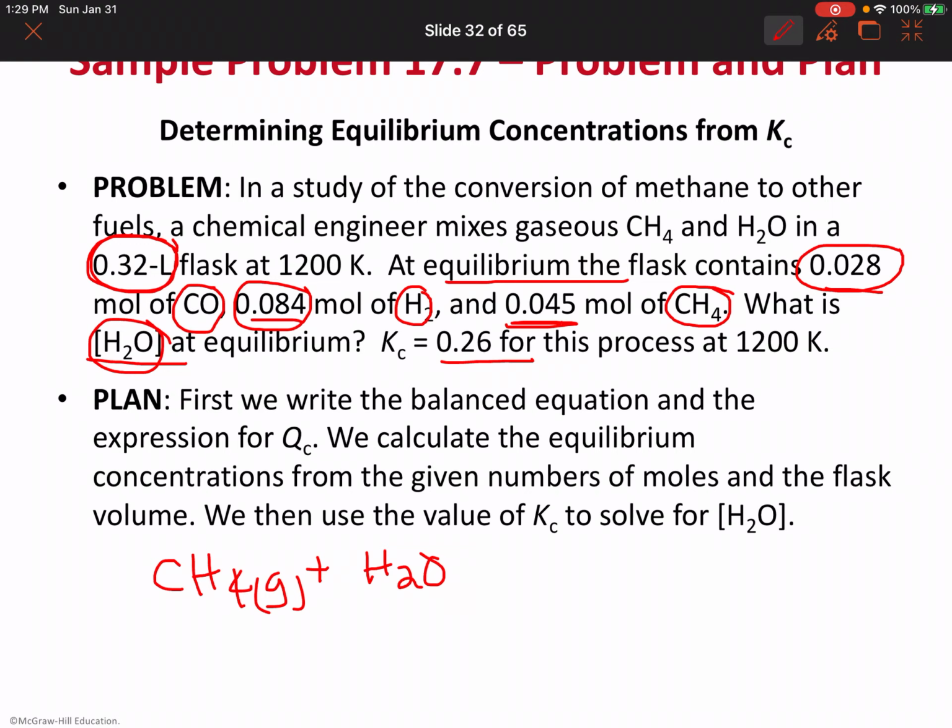So methane plus water give you carbon monoxide and hydrogen gas.